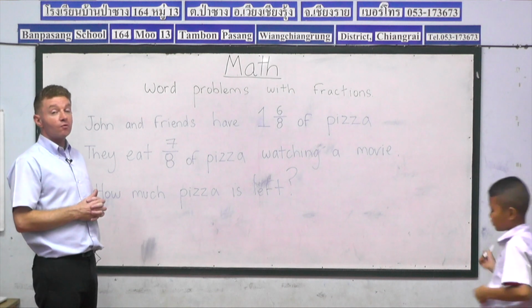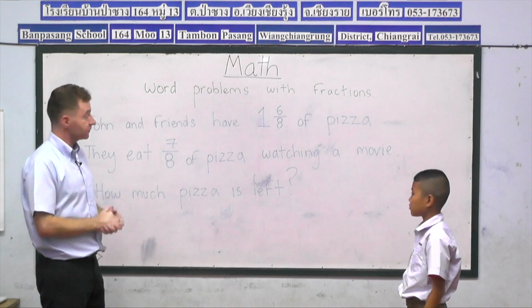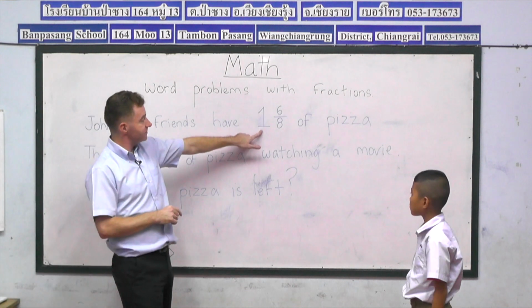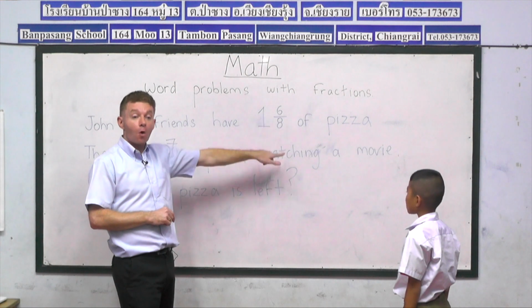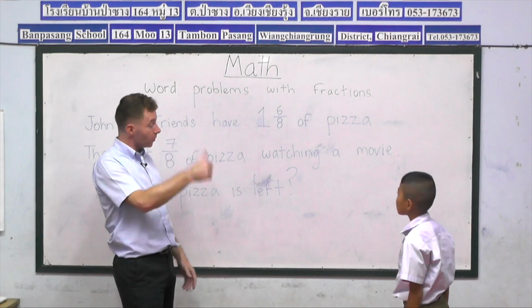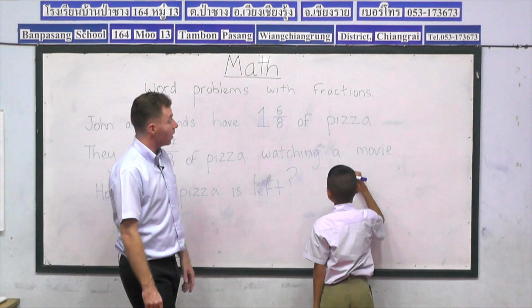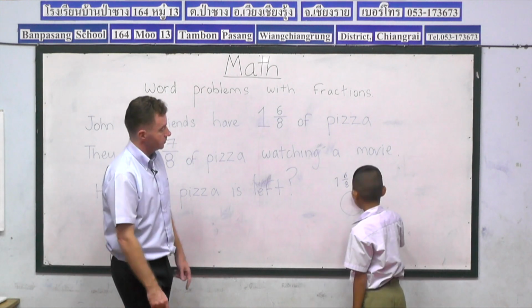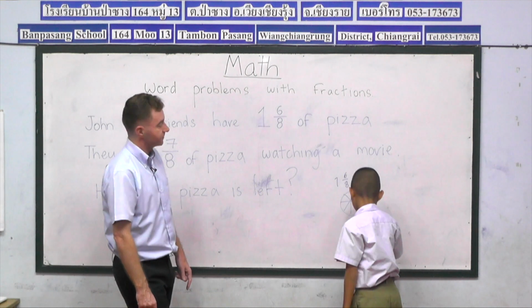So what we need to do first of all is identify what we need to calculate. So we start with how much pizza, guys? 1 and 6/8. So Pangpon, the first circle we can do here has 8 parts. 2, 4, 6, 8.